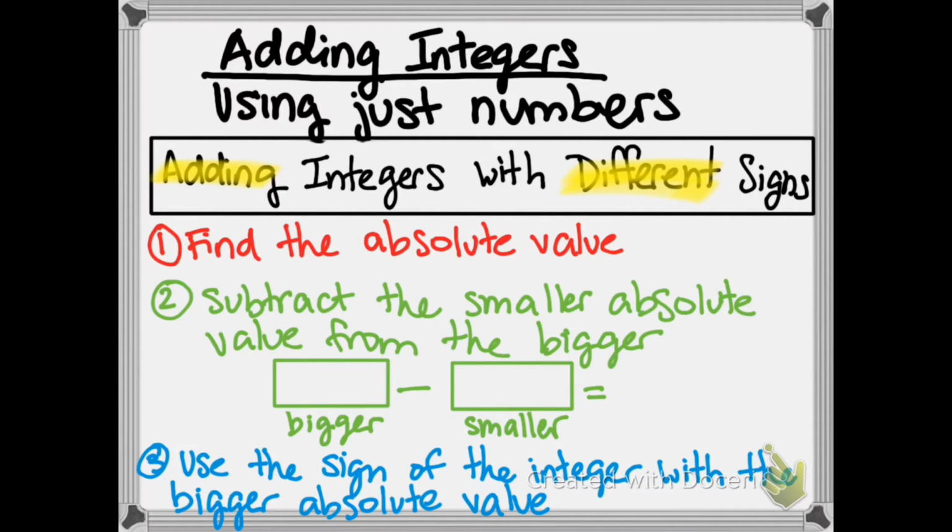And then step 3 is very similar to the last step that we went over in the other video. You're going to use the sign of the integer with the bigger absolute value. So the last step is always going to tell you what sign your answer should have.